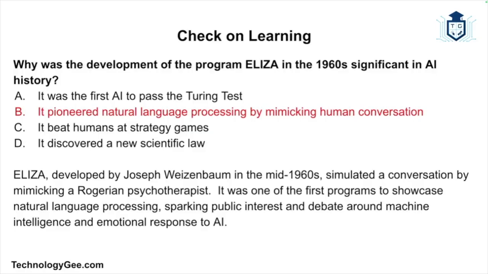And the correct answer is it pioneered natural language processing by mimicking human conversation. So ELIZA was developed by Joseph Weizenbaum in the mid-1960s, and it simulated a conversation by mimicking a Rogerian psychotherapist. And it was one of the first programs to showcase natural language processing, sparking public interest and debate around machine intelligence and emotional response to AI.